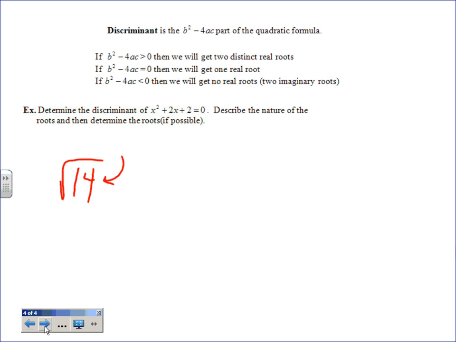It's a number, it exists. But there is a plus minus out front, right? In quadratic.